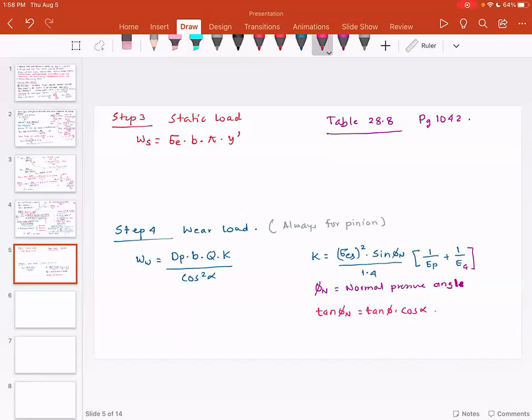So if you look at sigma E, the values go from 150 all the way to 700. So BHN is 150 and 100 and above.